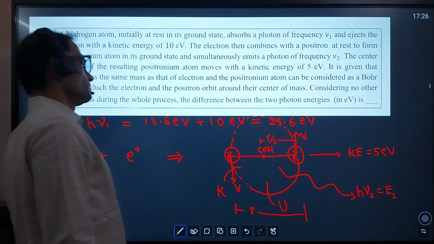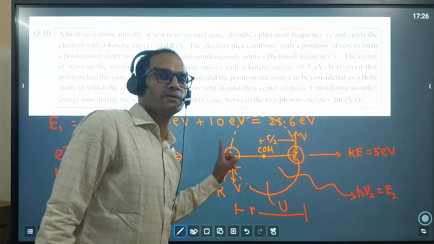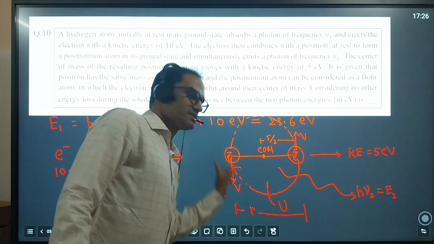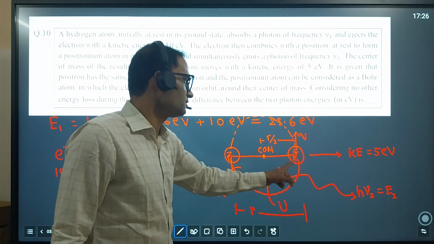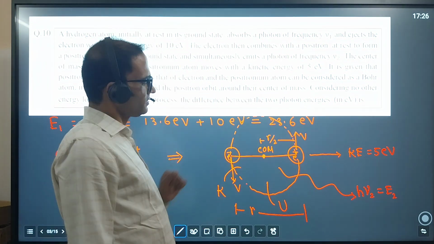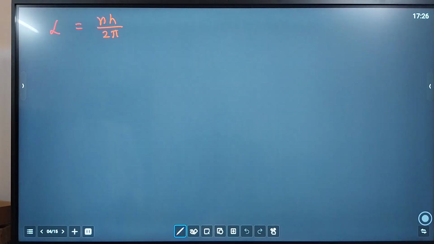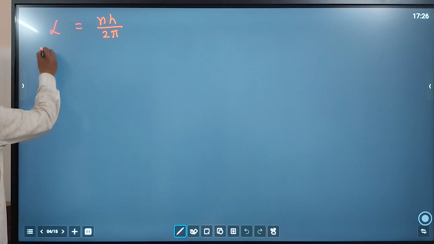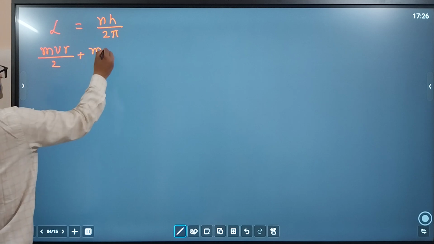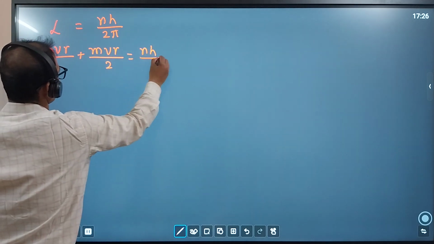So angular momentum of this particle will be mvr by 2. Angular momentum of this particle will also be mvr by 2, and both are in the same sense. Both are orbiting anticlockwise as per our figure. So the angular momentum of the positron was mvr by 2, and of the electron was also mvr by 2, and it is equal to nh by 2 pi.